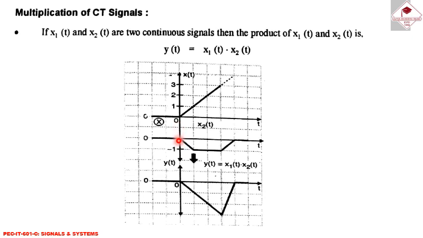So 0 into 0 is equal to 0. Now in the second case, at position 1 its value is equal to 1, and at position 1 for the second signal its value is -1. So -1 into 1 is -1. In this way you can construct the multiplication of continuous domain signals.